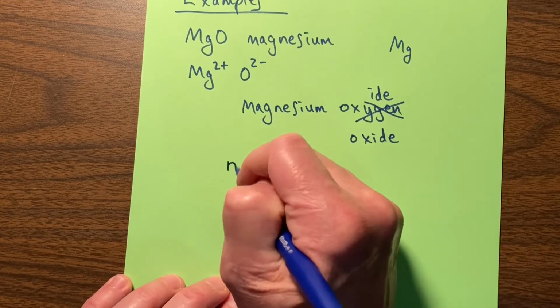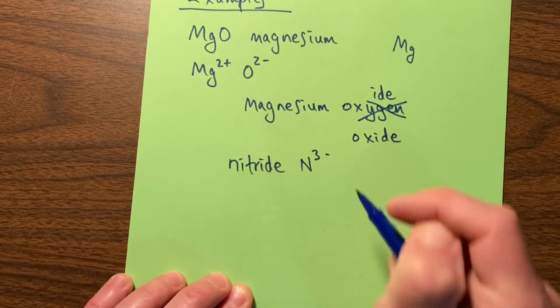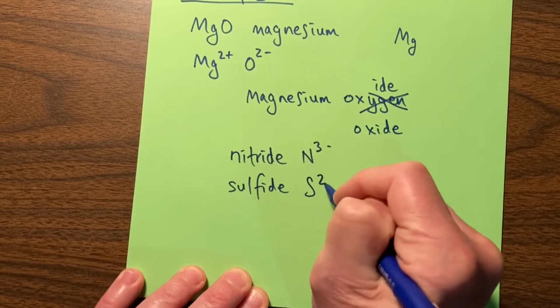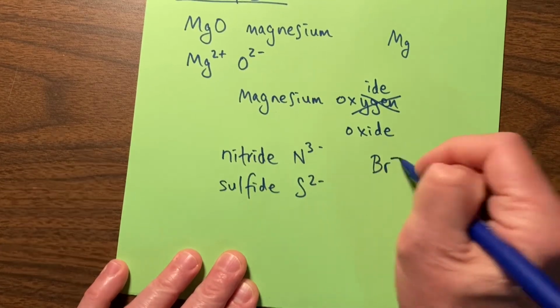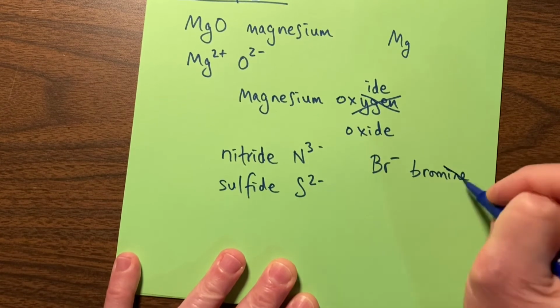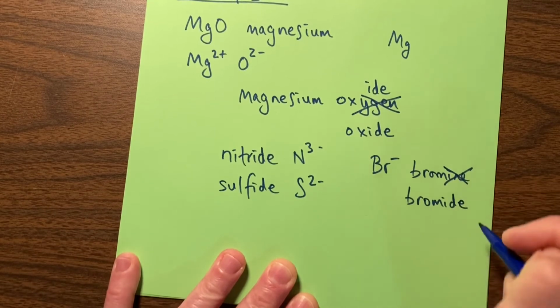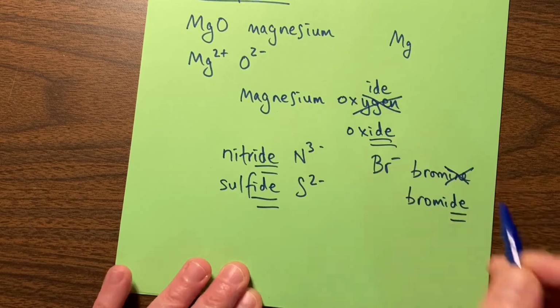So nitrogen becomes nitride, so that would be N-3. Sulfide is S2 negative. All the halogens, like when you see Br negative, that's the word bromine with the ending changed to IDE, bromide. So you see they all end in IDE.